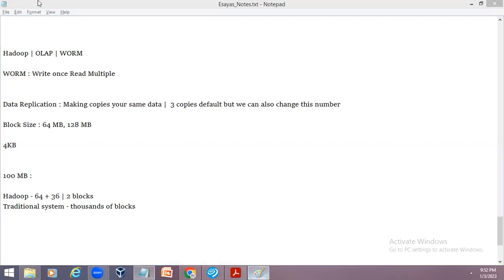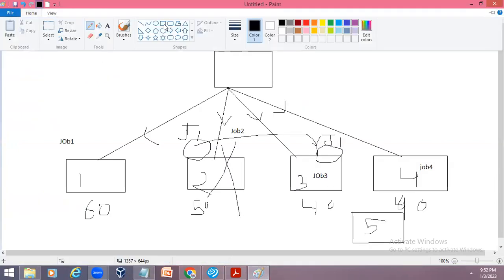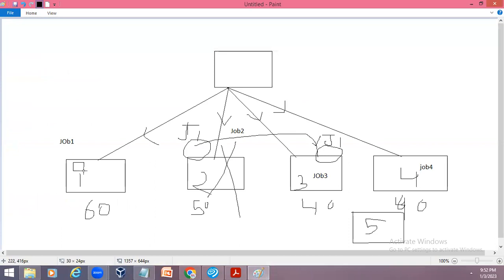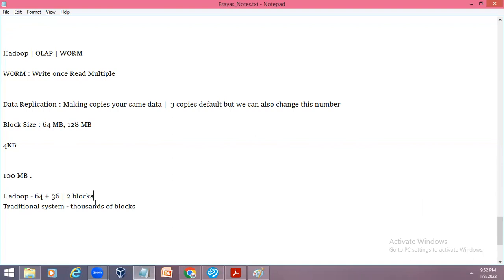Let me help you understand this with a diagram. Let's say the same 64 you have, and here you have 36. Let's say 2 blocks. I hope you understand the block. What is a block? How do you define the block? It's a space on our drive.